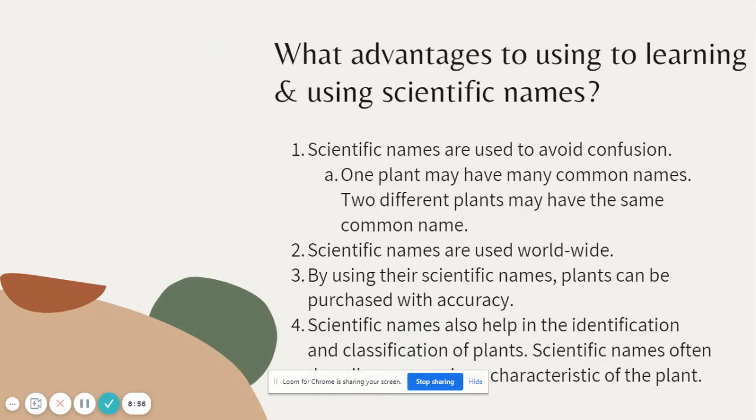What are the advantages of using and learning scientific names? Scientific names avoid confusion. One plant may have many common names. So, for example, a border forsythia. I like to call it forsythia just because that is its genus name, and anywhere you go, it's going to be a forsythia, regardless of where I go in the world.